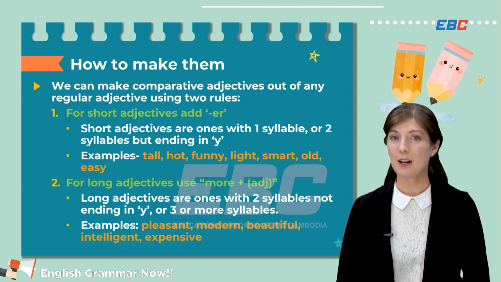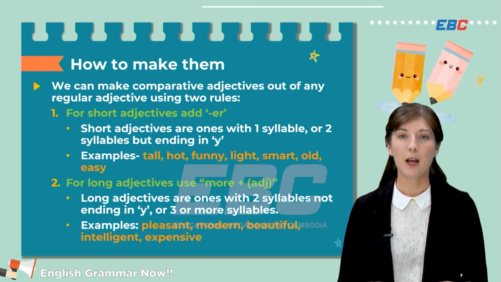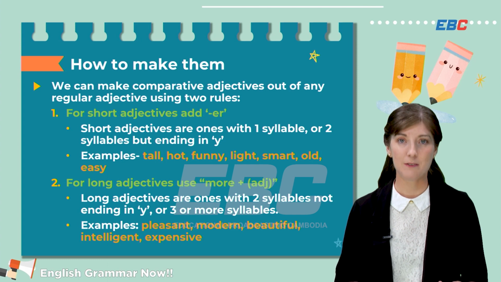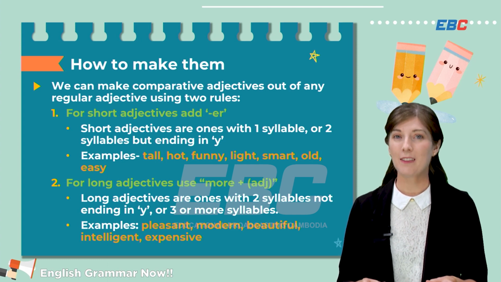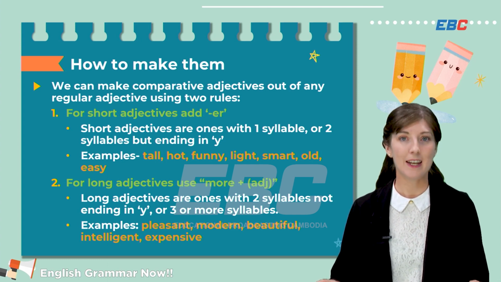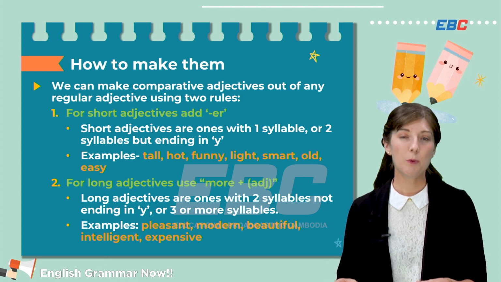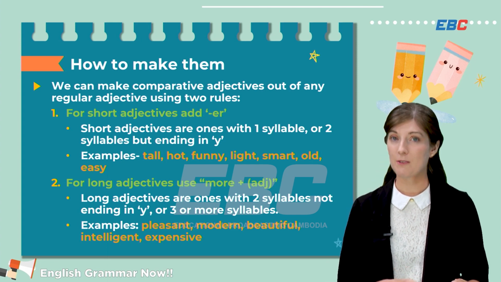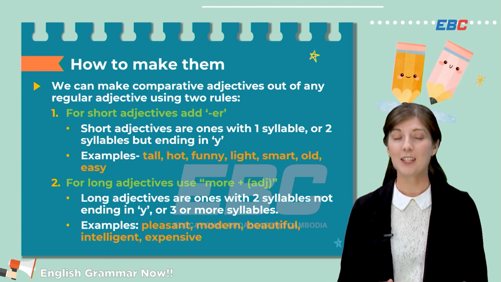Some examples of these kind of adjectives are pleasant, modern, beautiful, intelligent, expensive. These are longer adjectives, and so we don't make them even longer by adding an ending. Instead, we put the word more in front of the adjective to change it into a comparative.